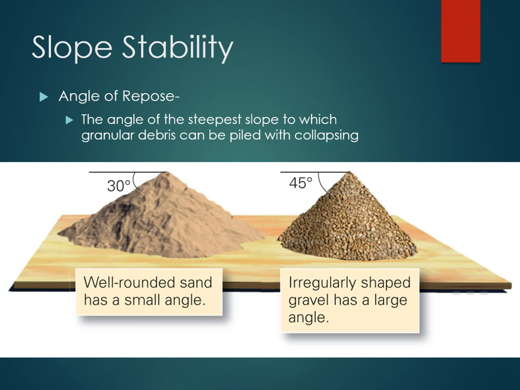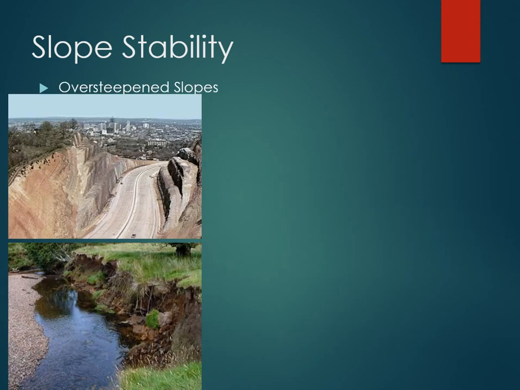Now, even in solid rock, the slopes can become too steep. Oversteepened slopes can occur by man-made and natural causes. On the top is a pretty famous road cut going into LA. That's one of the main ways that humans tend to oversteepen slopes: making road cuts.